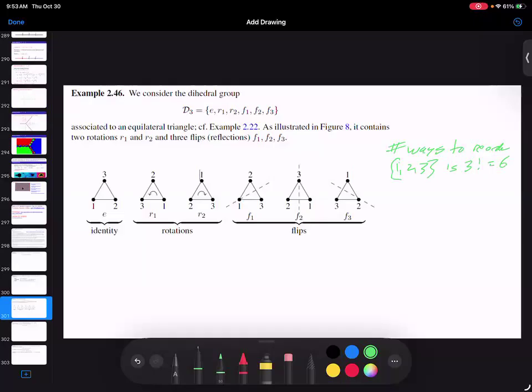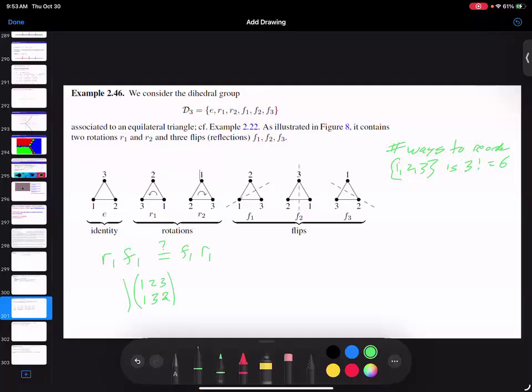And you can start trying to figure out, are things commutative? Does flipping 1 followed by rotation 1 equal first rotating 1 and then flipping 1? We can do the calculations and write things down. F1 is: 1, 2, 3, 1 goes to 1, 2 goes to 3, and 3 goes to 2.